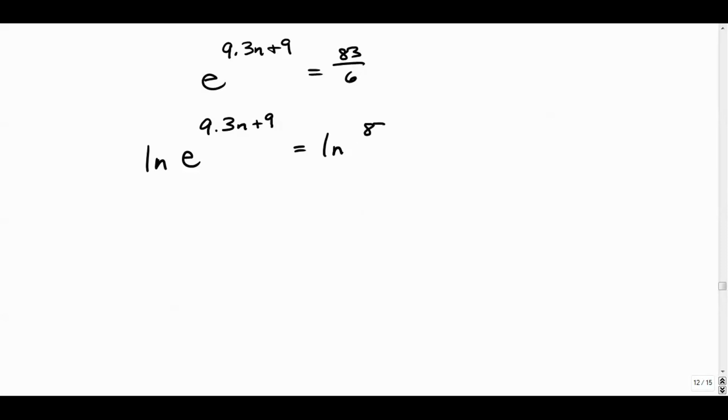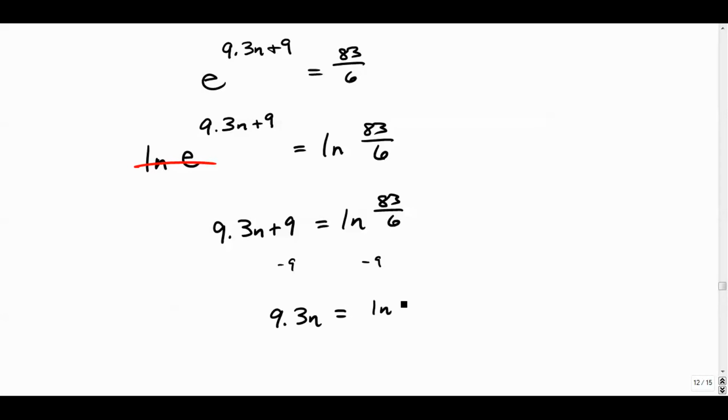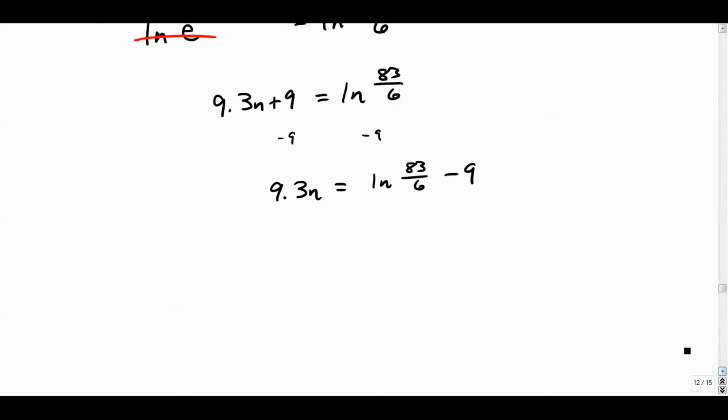The natural log of both sides will cancel these two, leaving you with just the exponent. And now all we need to do is subtract 9. So 9.3n equals the natural log of 83 over 6 minus 9, and then divide the whole thing by 9.3.